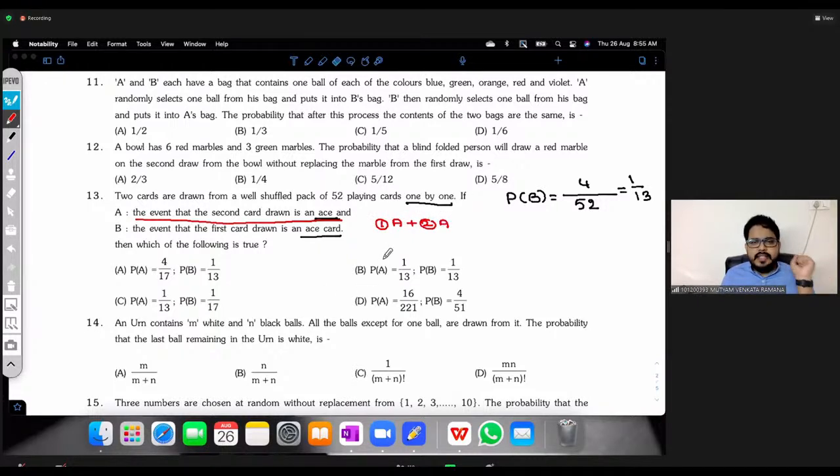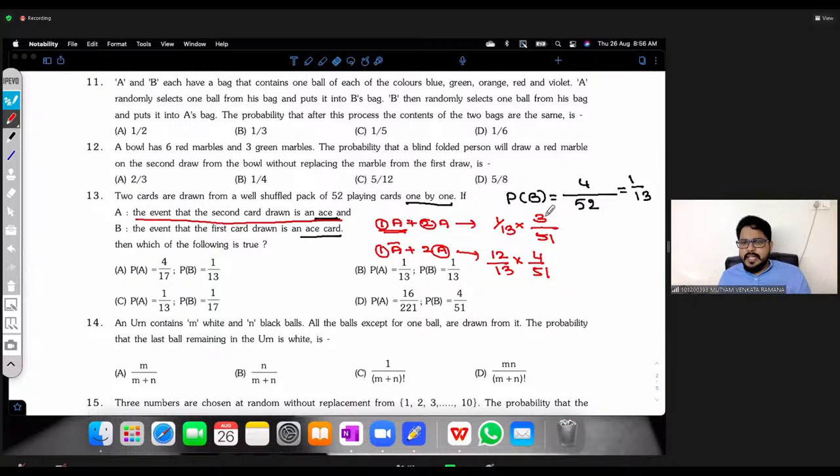This is one case. First one is non-ace plus second one is ace. So first one is ace here, that is 1 by 13. Now we have 51 cards. Out of that, only 3 aces are there. Second one is non-ace, that is 12 by 13. Because for now, there are the 4 aces out of 51 cards.